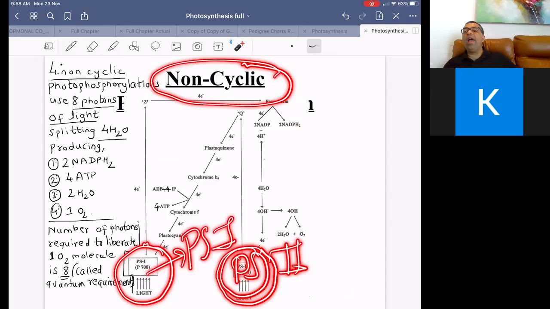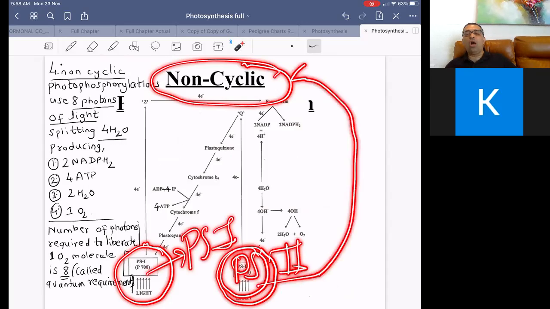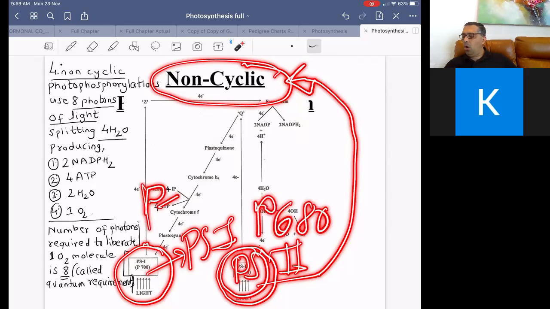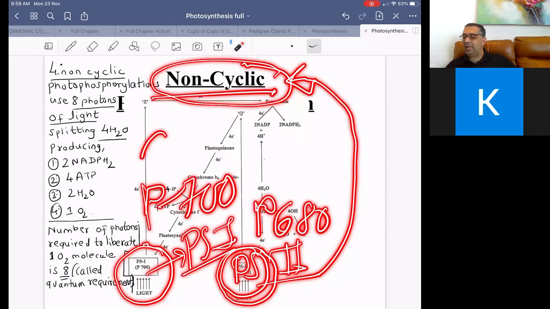So where is PS2 used? PS2 is used only in non-cyclic. That is P680, chlorophyll A 680. And P700 or PS1 is used in non-cyclic as well as in cyclic.